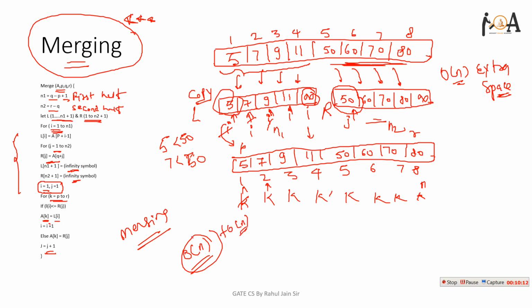This order of n is for copying all n elements. This order of n is to compare all n elements with each other and put them into the new array. So ultimately order of n time will be required for merging, basically for copying all elements into new arrays.